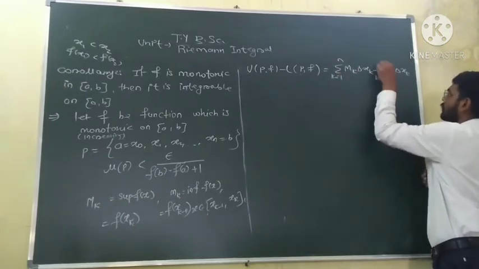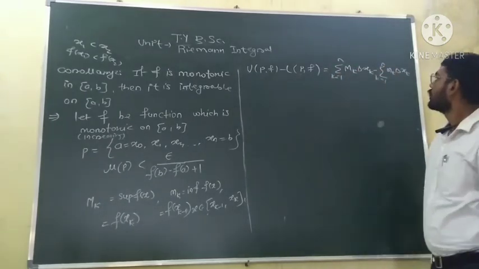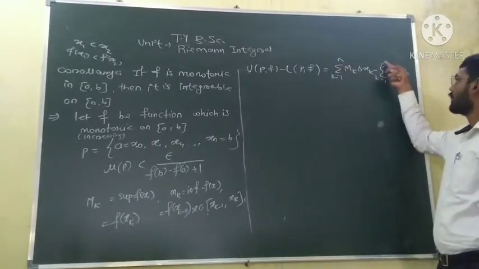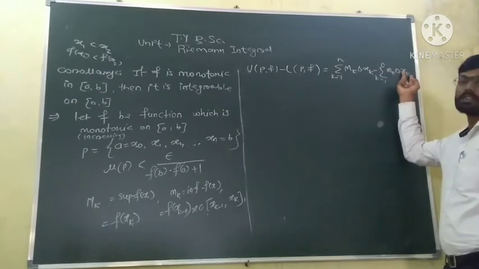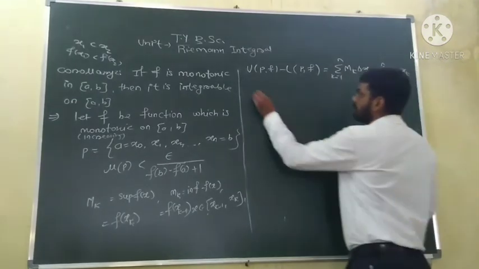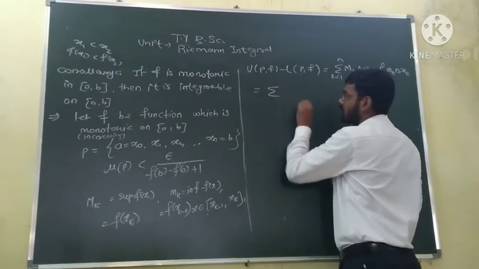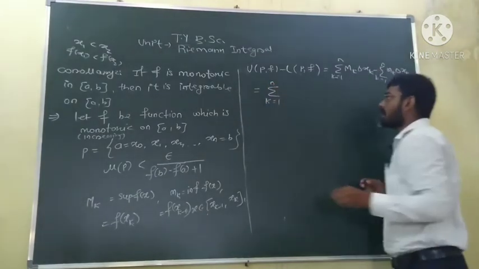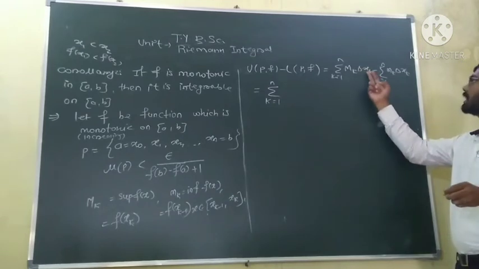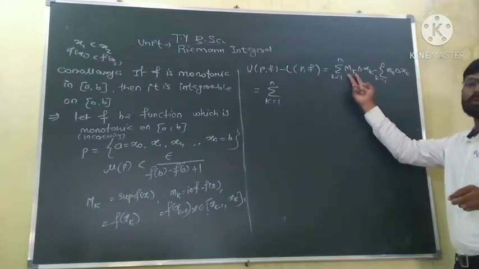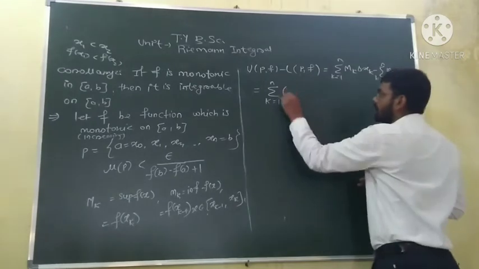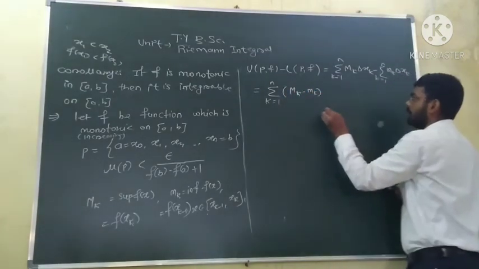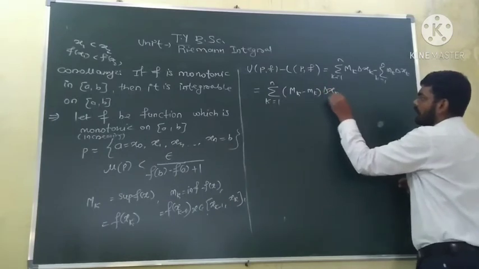Here is a summation and here is a summation, k from 1 to n, with delta xk, so take this common. So this is the summation from k equal to 1 to n, where the summation and delta xk are common. Write whatever remains. The remaining is capital Mk minus small mk, into delta xk.